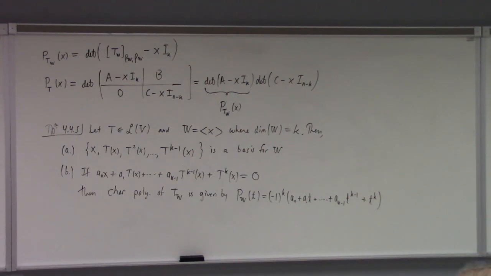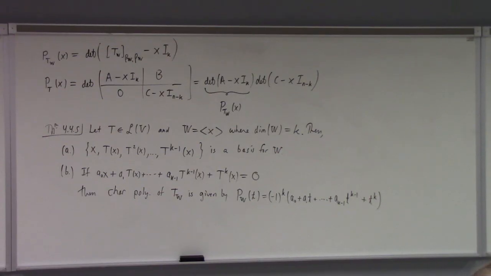What's that notation mean here? I guess I'll remind you. So this means x, T of x, T squared of x, T cubed of x, and so forth and so on, right? And I didn't quite do it right.